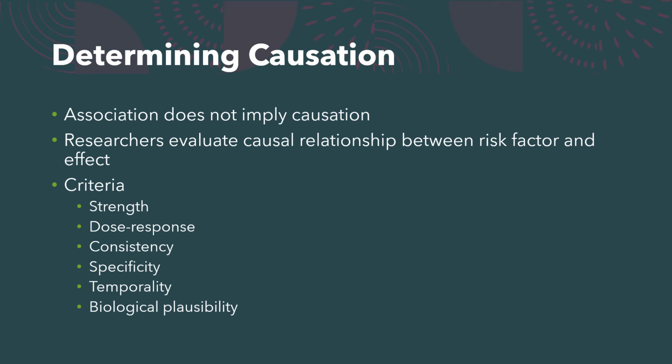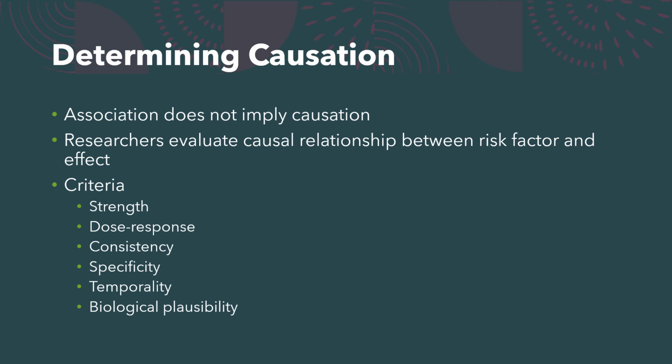Specificity means that it's clear that that one particular thing is related, that the studies are looking specifically at the relationship between two things, right? Between cigarettes and lung cancer, between salt intake and stroke, between a sedentary lifestyle and diabetes, for example.